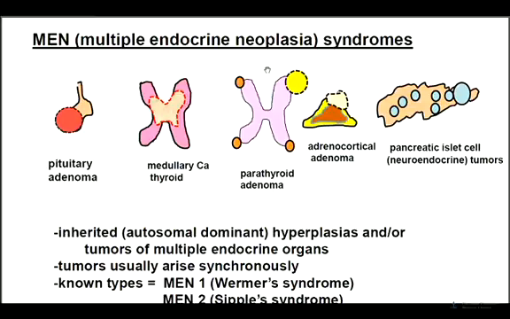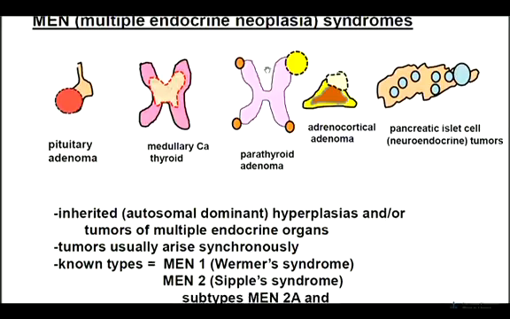The only one that you might remember is MEN1, which we'll look at in a second, not because of the eponyms or whatever they're called, Wermer, Sipple. It means combinations of multiple tumors in different sites of endocrine organs.